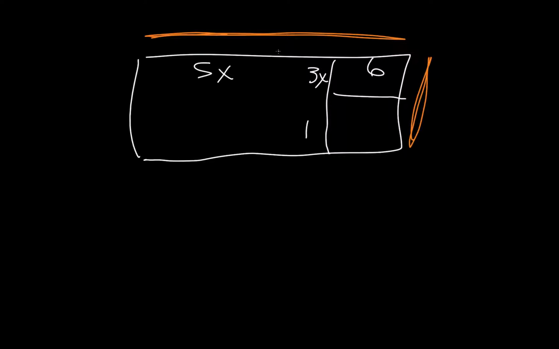So the length of this is actually 5x plus 6, because it's 5x and then 6 more. The height of this is 3x plus 1. To find the area, we just multiply those together.